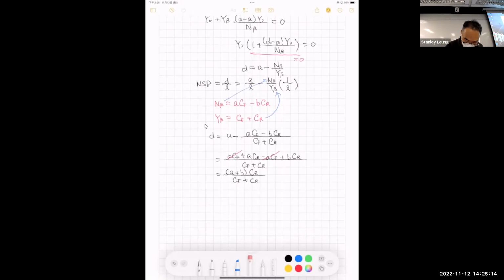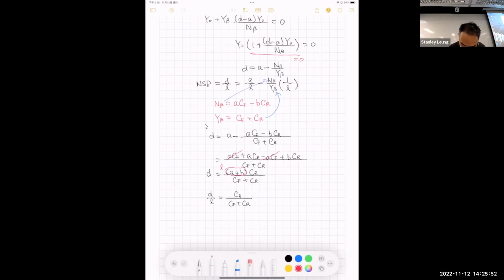Okay, so this is D. Again, this is D, and you know this term actually it is the wheelbase L. Okay, so go back to D over L, which is equals to CR over CF plus CR.